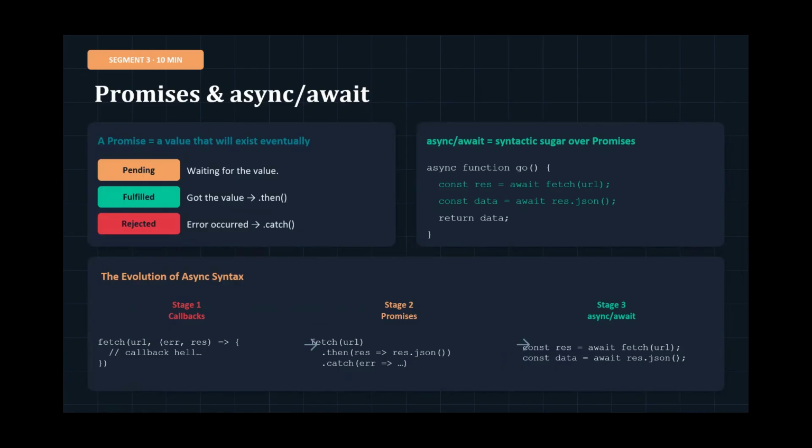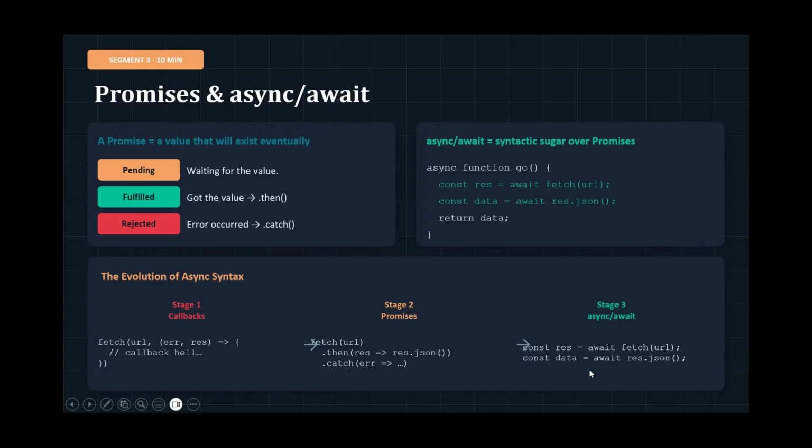A promise is an object representing a value that will exist eventually. It is in one of three states: pending, waiting; fulfilled, got a value; or rejected, something went wrong, an error occurred. You chain with .then for success and .catch for errors.